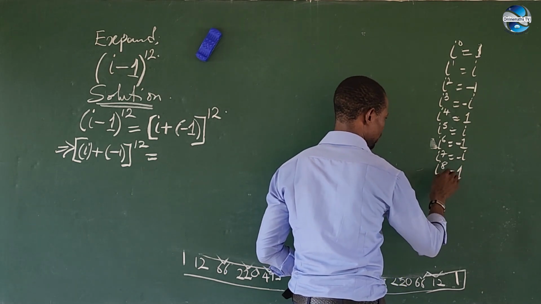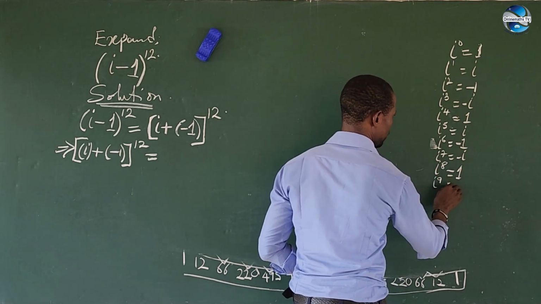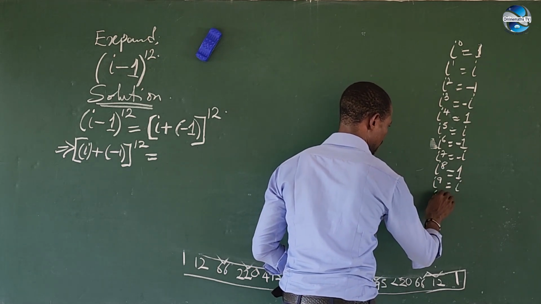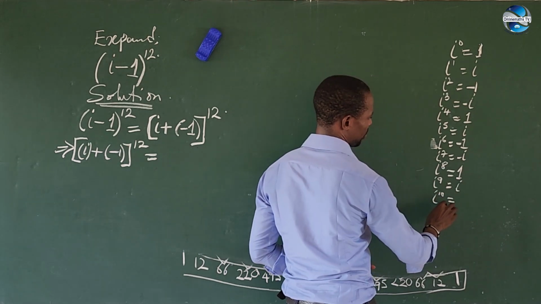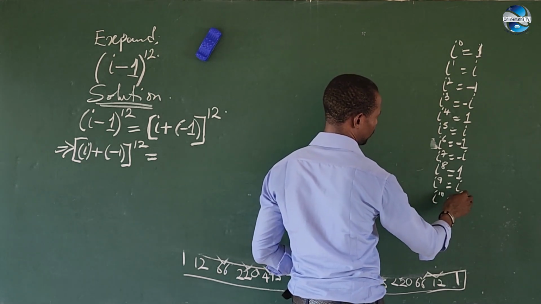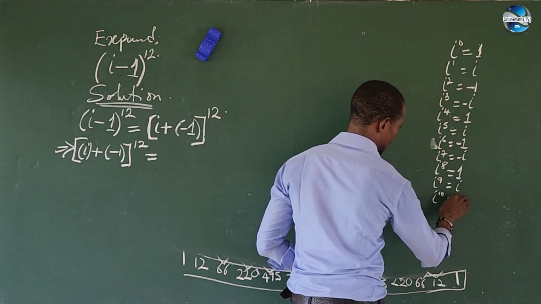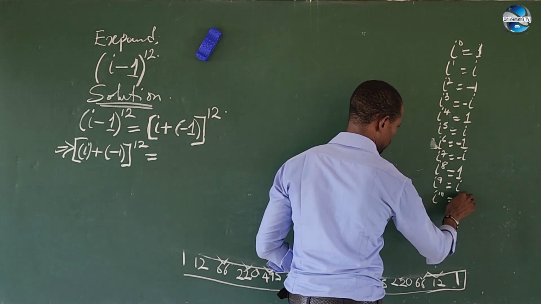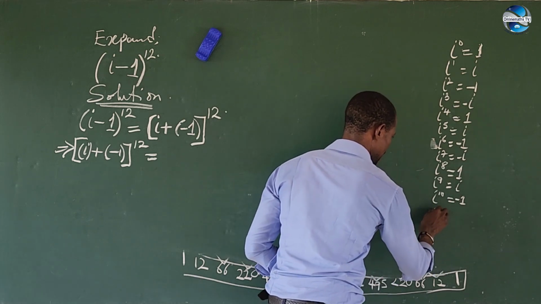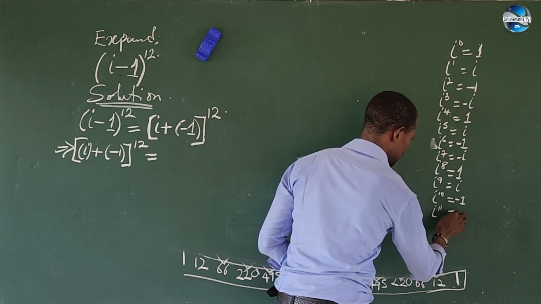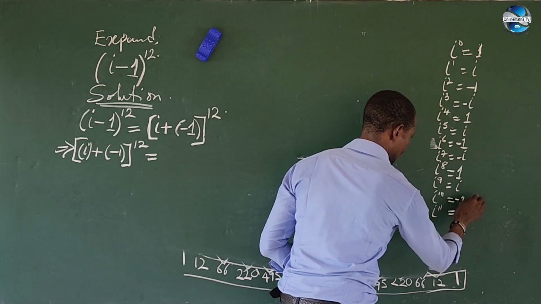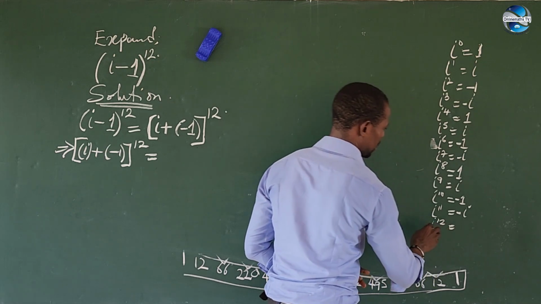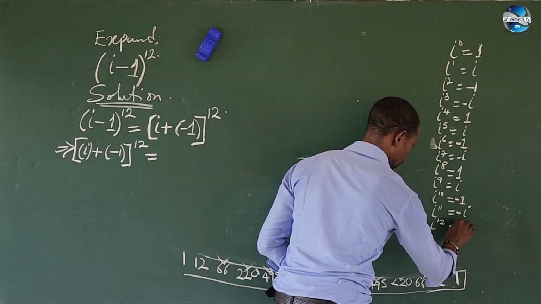Iota to the power of 9 will give us iota. Iota to the power of 10 will give us minus 1. Iota to the power of 11 will give us minus iota. And iota to the power of 12 will give us positive 1 again.